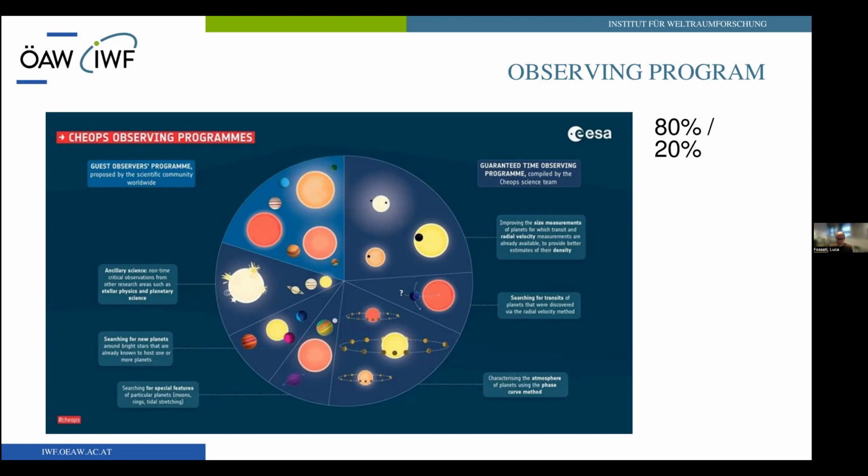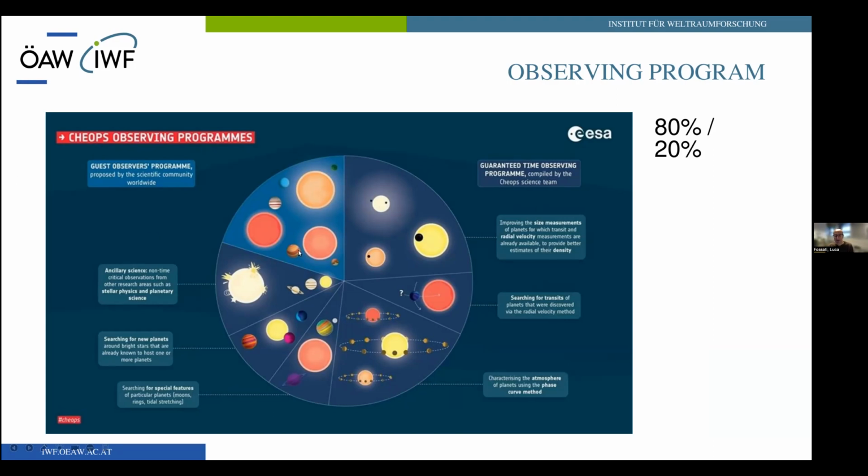ESA has a telescope time allocation committee for CHEOPS, and the TAC then allocates the remaining 20% of time to the community. The science that the consortium does with CHEOPS is divided into different fields.